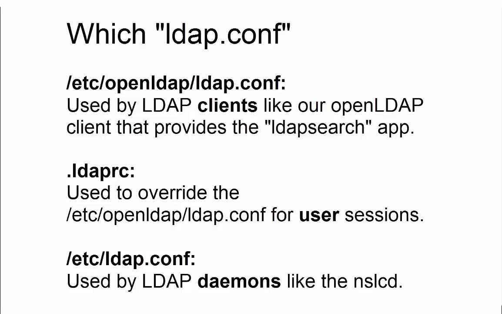And the settings specified in the user's .ldap-rc, as long as they are in the user's home directory or in the user's path otherwise, will override the defaults specified in the etc openldap file. The main difference between the .ldap-rc file and the openldap file is that you can specify the bind DN in the .ldap-rc, whereas you cannot in the openldap file.